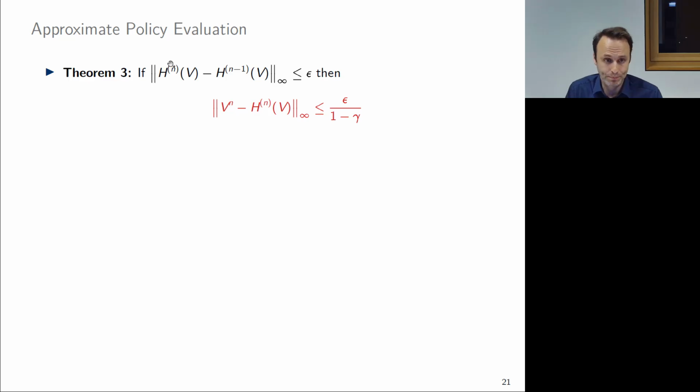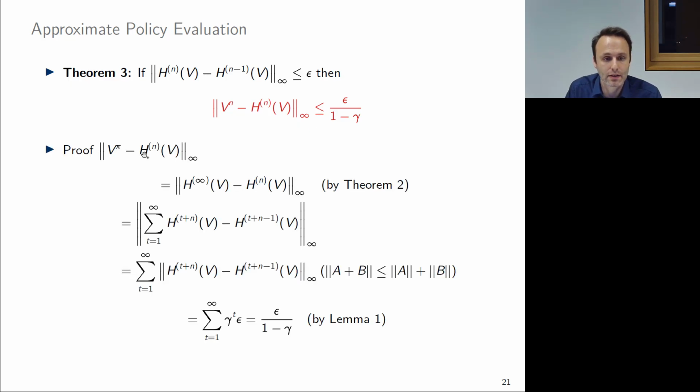So here we have the distance between two iterations of the policy evaluation operator, and this is less than or equal to epsilon. If this is true, then the distance to the true value, compared to the policy evaluation at iteration level n with any estimate, is going to be smaller than or equal to epsilon over 1 minus gamma.